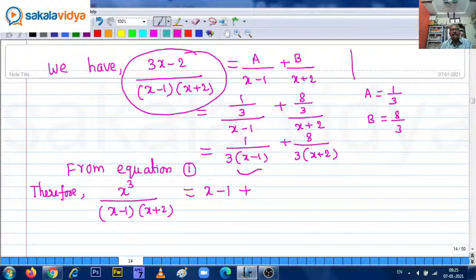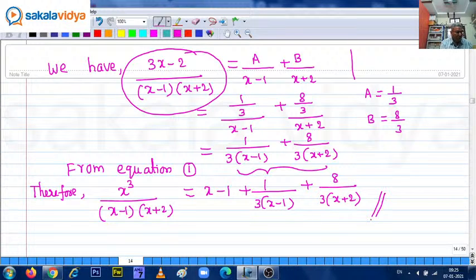So these two partial fractions need to be added: 1 upon 3 times x minus 1 plus 8 upon 3 times x plus 2. So these are the partial fractions.